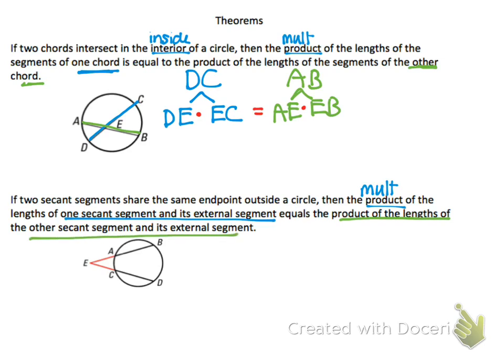Okay, so let's kind of break this down. This secant segment is EB. So when I multiply EB by the part of EB that's outside of the circle, which is EA, that's going to be equal to the length of the entire other secant segment, which is ED, times the part of that secant segment that's outside of the circle, which is going to be EC.